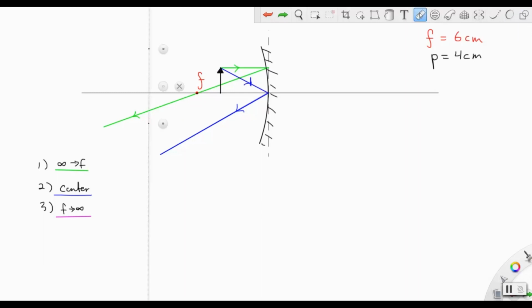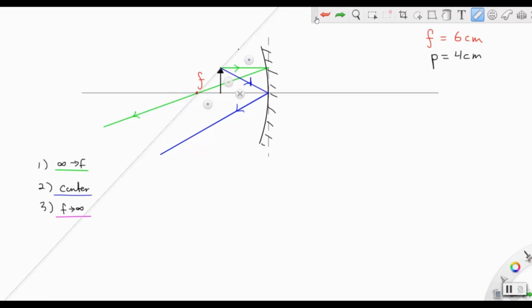Our answer is going to be to take one of these to the focal point here, and the other one to the tip of the object. And I'm going to need to actually move this out of the way so that we can see what we're doing here. Remember, this does not come all the way from the focal point. It just seems to because it's coming from the object itself. And we have to go all the way to the optical plane here.